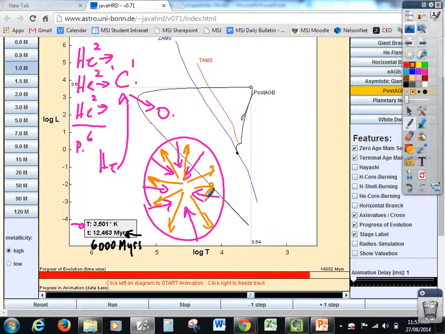Now, if the red arrows and the pink arrows there do not equal each other, what will happen? Right, if orange is bigger than pink, it will expand, as it does with the red giant, because suddenly fusing all this helium, out it goes. But if the pink is bigger than the orange, it shrinks.